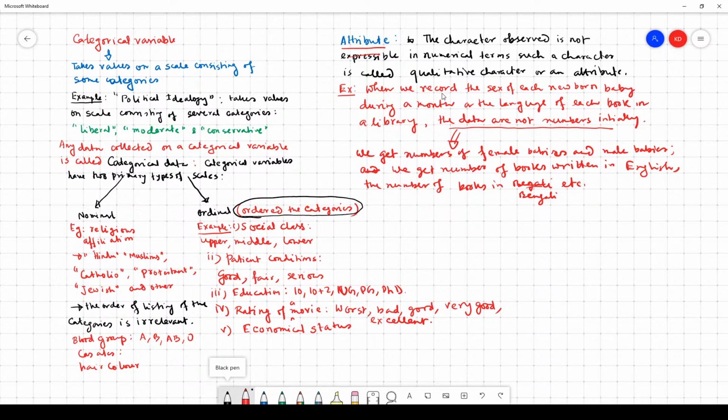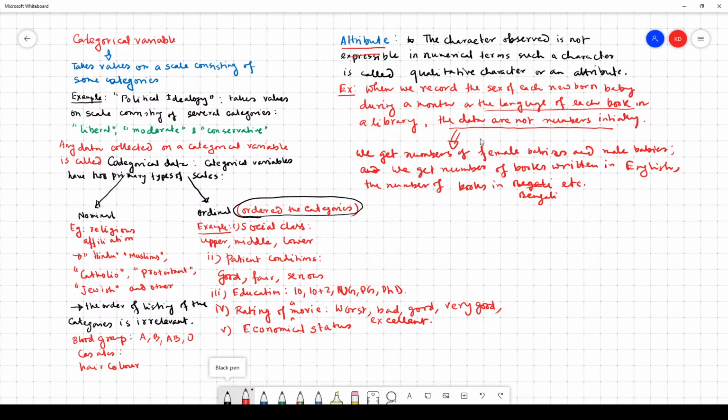And for the second example, initially we get the language of each book in the library. The language of each book is not numerical.